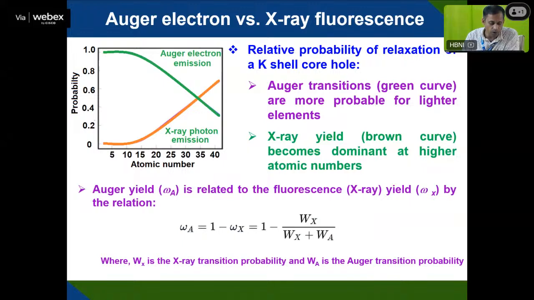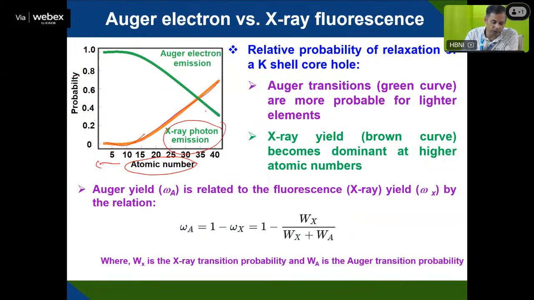The probability of both Auger and X-ray photoelectron emission can be simultaneously possible. If you see which one will dominate at what atomic number, at lower atomic number the X-ray photoemission is less, and it increases with increasing atomic number. When you have a high Z material, X-ray photoelectron emission will be higher.